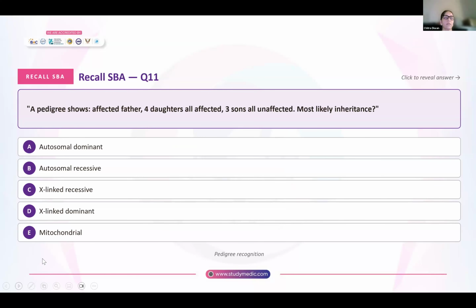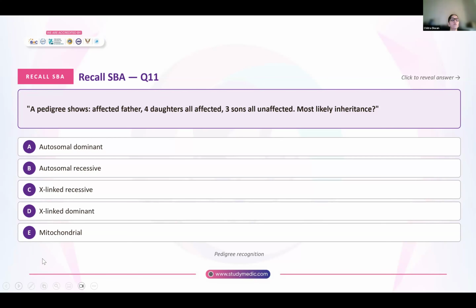You have a pedigree which shows that the father is affected. Remember, affected father. All 4 daughters are affected, and 3 sons are unaffected. What is the most likely inheritance? From father to daughter, and all daughters are affected. Definitely, it is not autosomal, because if it is autosomal, the sons are also going to be affected.